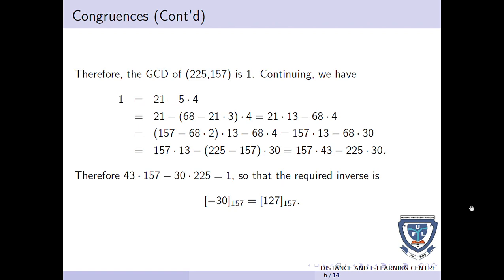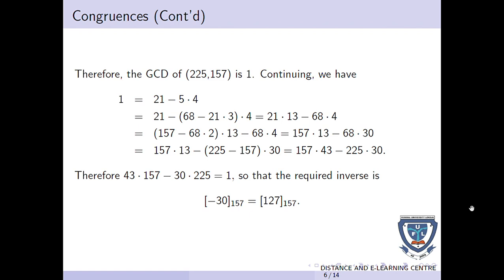So what it simply means is that the pair 225 and 157 is coprime. So for that reason, we progress. It will definitely have an inverse because it's coprime. But if the GCD is not 1, then there's no need progressing further because the inverse may not exist. And even if it exists, it may not be unique.